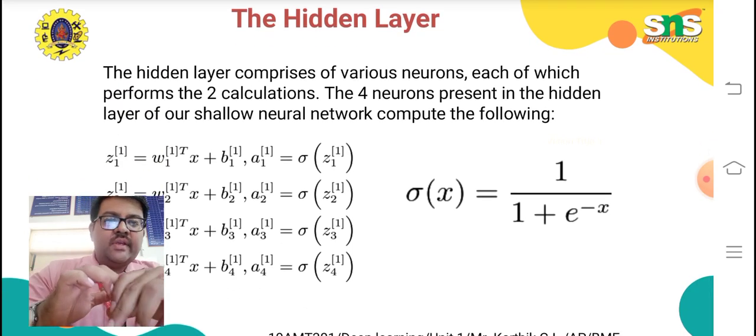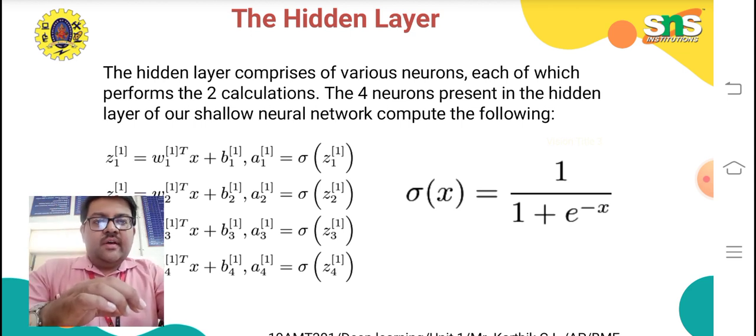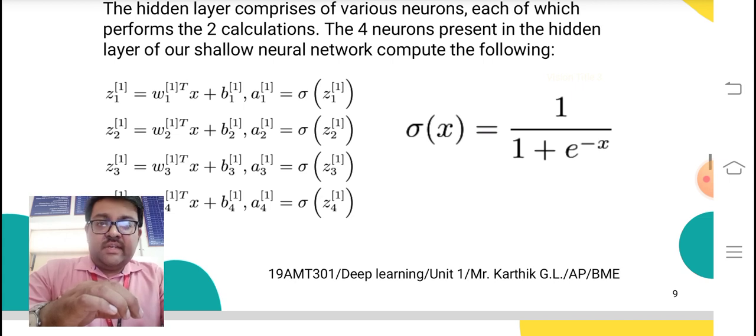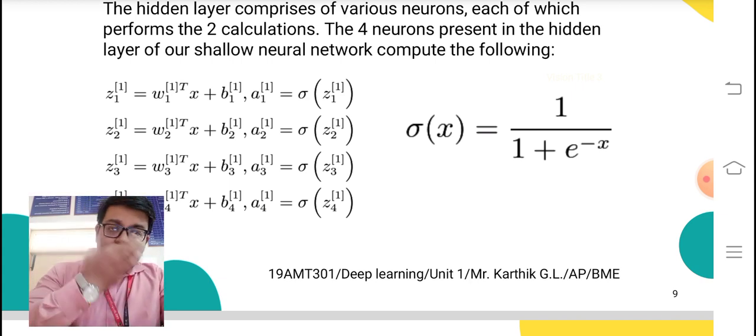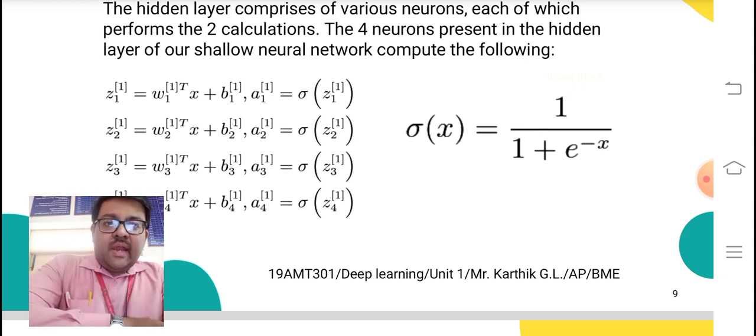What is a hidden layer? The hidden layer comprises different neurons, each of which performs two calculations, as shown in the previous slide. Two calculations, one is Z and another one is A. The four neurons present in the hidden layer of our shallow neural network compute the following. Suppose you take four neurons. First is Z. Z is W transpose X plus B, and A is some function applied on Z. Here we can see the number in the bracket is the layer number, and the suffix numbers like B1, A1 are neuron numbers.